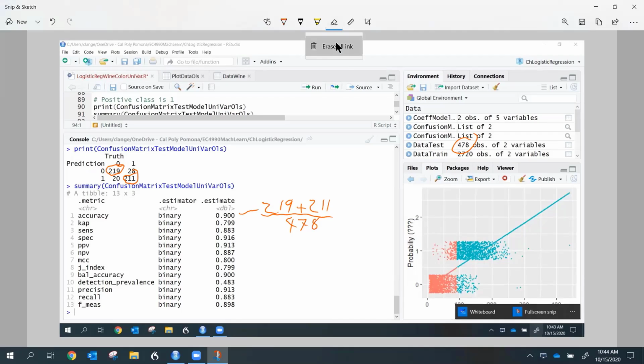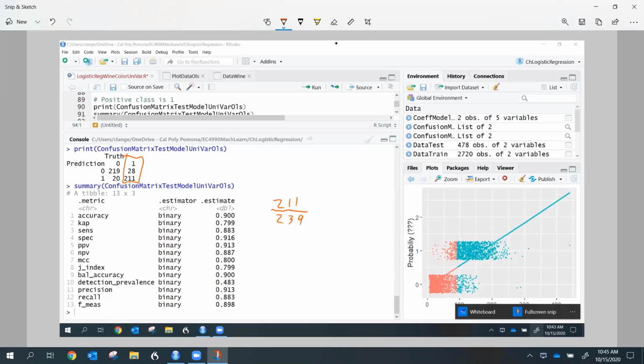Let's clean it up. I could also focus only on the positive class. So I want to know how many of my white wines are predicted correctly. This is my positive class. How do I do that? Well, I know 211 are predicted correctly. And I had a total of 211 plus 28, so a total of 239.